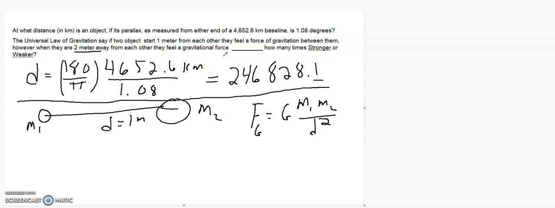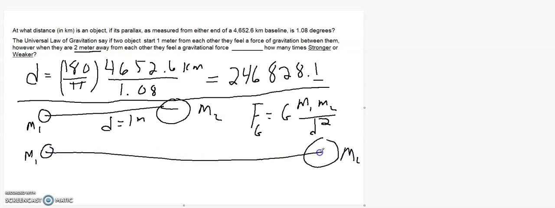So now, I'm going to try to redraw this. This is going to be M1, and then I'll put the other one, M2. This is supposed to be twice the distance. And here is now the distance, some new distance, but we know what that new distance is.